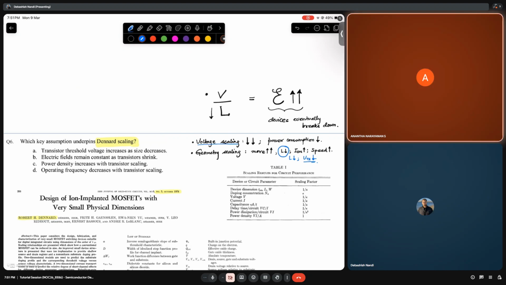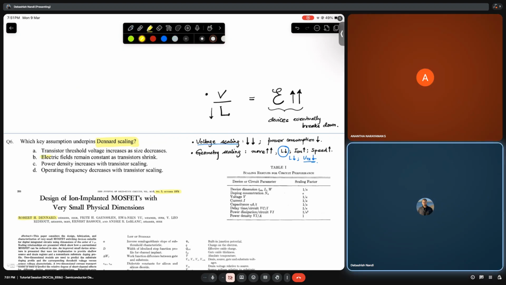So the basic idea behind Dennard's paper, this is one of the most important papers in semiconductors, historically.